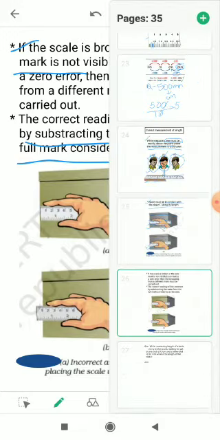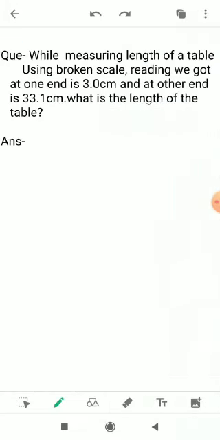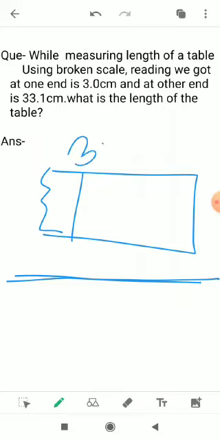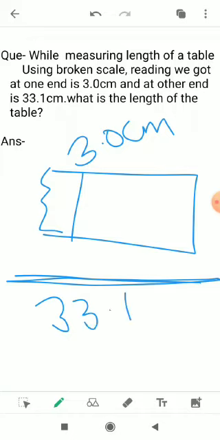Let's understand it by using this numerical. Suppose in this numerical, there is an object. The length of this object we have to measure using a broken scale whose reading is starting from 3.0 centimeter. So when we are using this scale to measure the length of this object, we are getting a value of 33.1 centimeter.